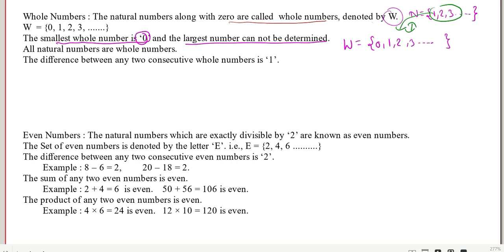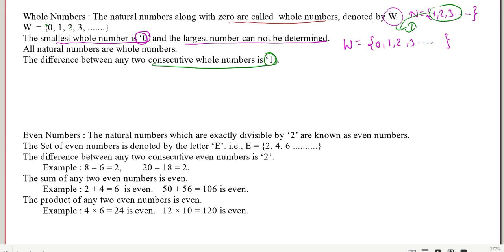That means all the natural numbers are whole numbers, but except 0, all the whole numbers are natural numbers. Here also the difference between two consecutive whole numbers is always 1, same as natural numbers.